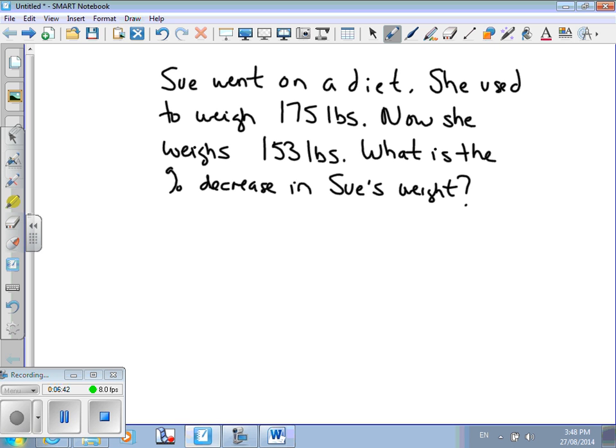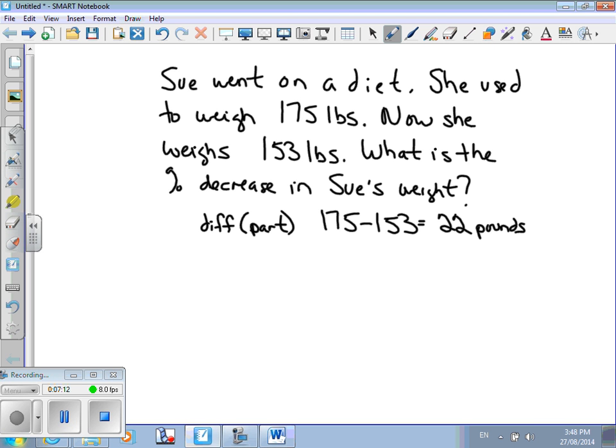Well, this is a percent change problem. So to find our difference, which is the part, we would take 175 minus the 153, the amount that her weight changed. So 22 pounds.